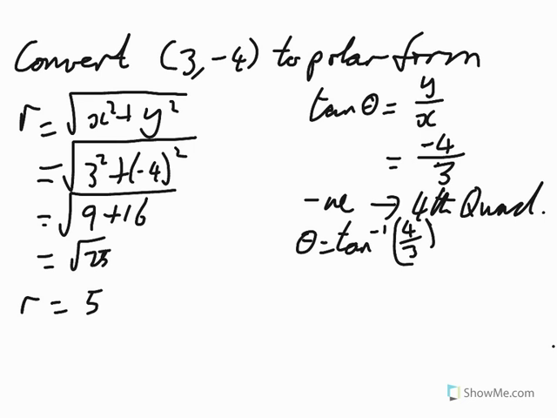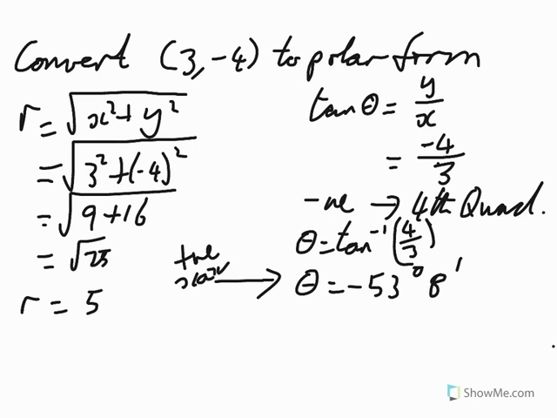So when you do that in your calculator, you get that theta is -53 degrees and 8 minutes. Okay, now remembering from our definition of theta, it's from the positive x-axis in an anti-clockwise direction.